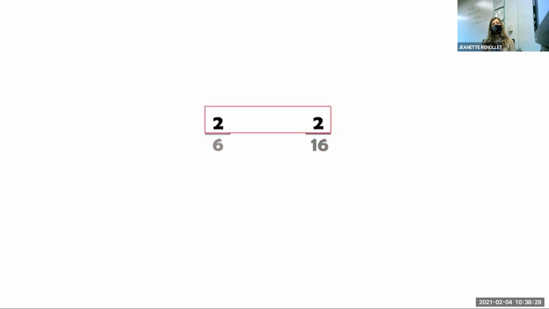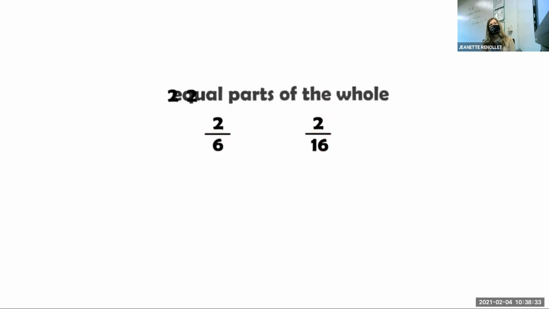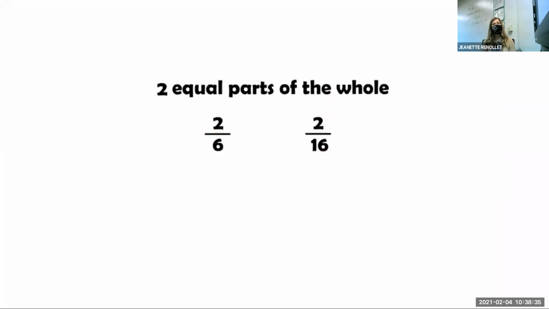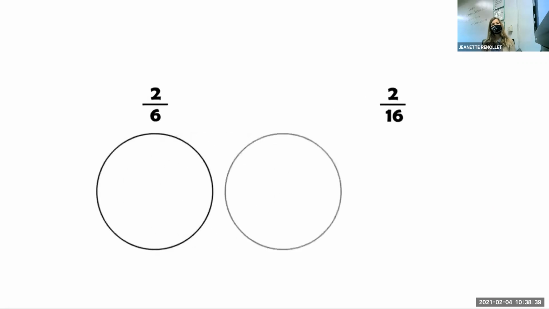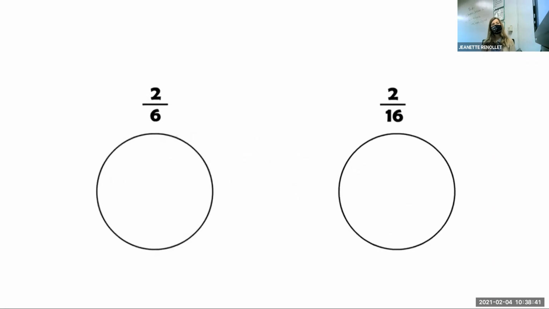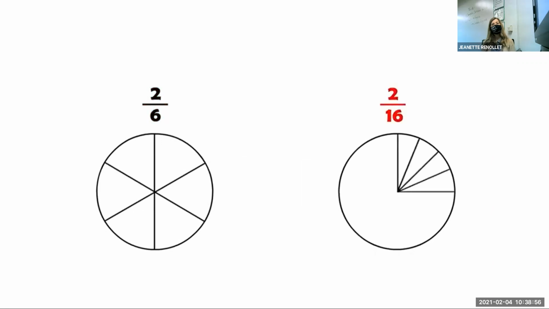Well, the numerators are equal, so every fraction represents two equal parts of the whole. For both fractions, the whole is the same size, as you can see here. But which fraction is bigger? Notice that in the first fraction, the whole is divided into 6 equal parts, while in the second fraction, the whole is divided into 16 equal parts.